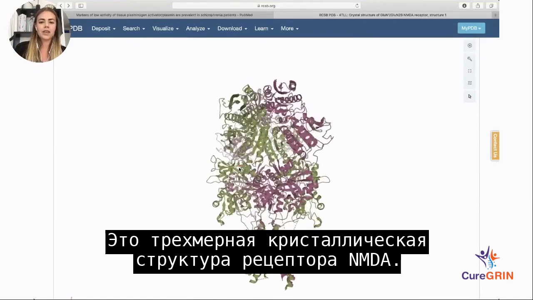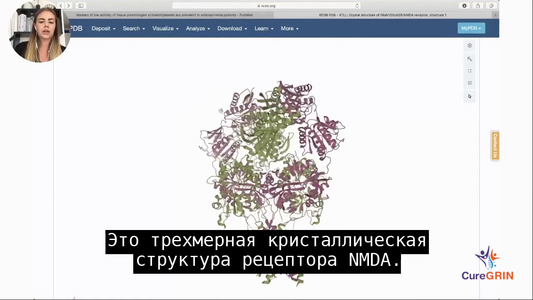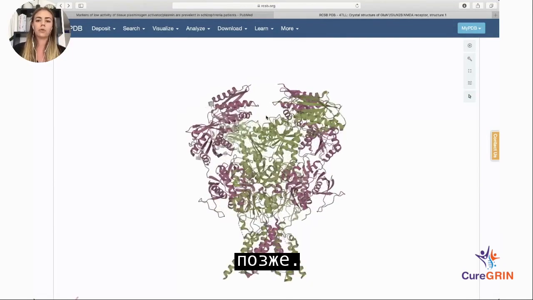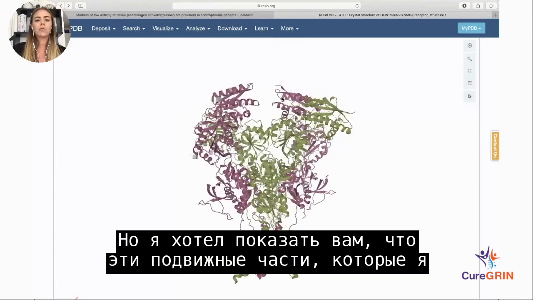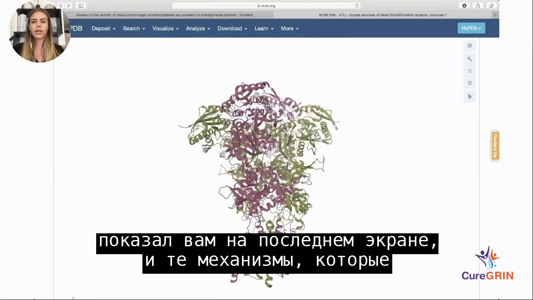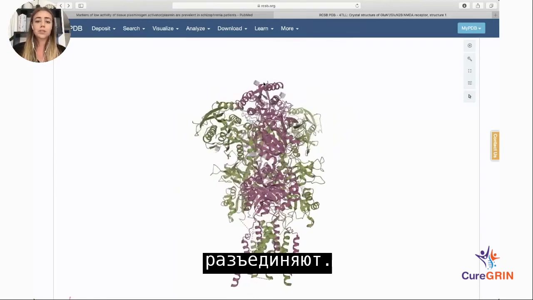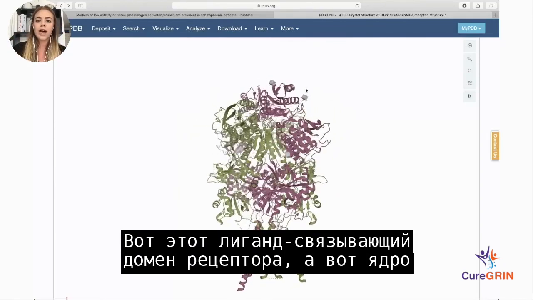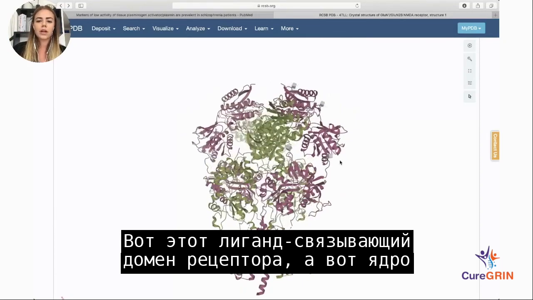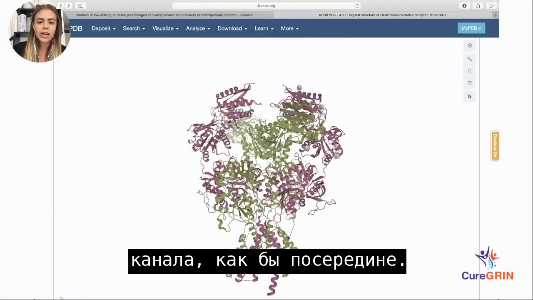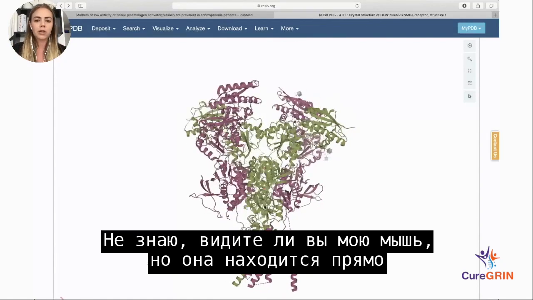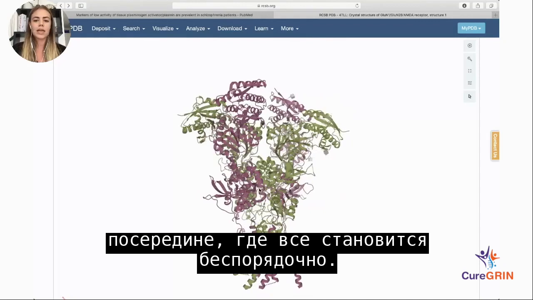This is a 3D crystal structure of the NMDA receptor that was first done by Dr. Furukawa, who we'll hear from later. But what I wanted to show you is that those rolling parts that I showed you in the last screen and those pull apart mechanisms, they're still kind of visible here. So here's the ligand binding domain of the receptor, and here's the channel pore in the very middle there. I don't know if you can see my mouse, but it's right in the middle there where things kind of get messy.